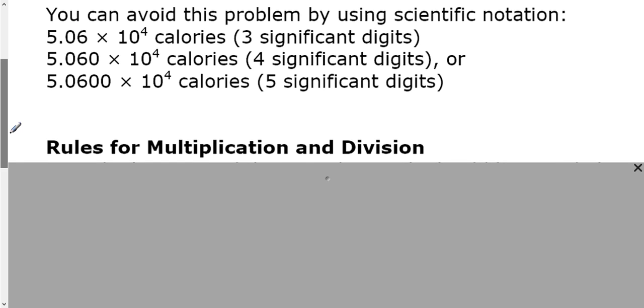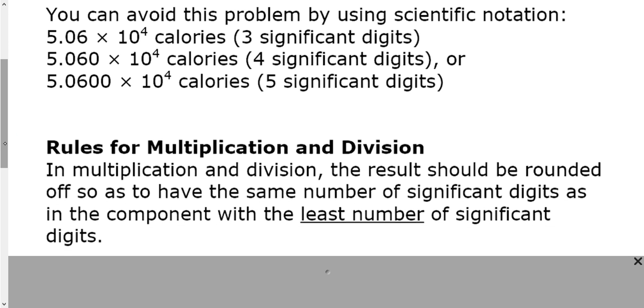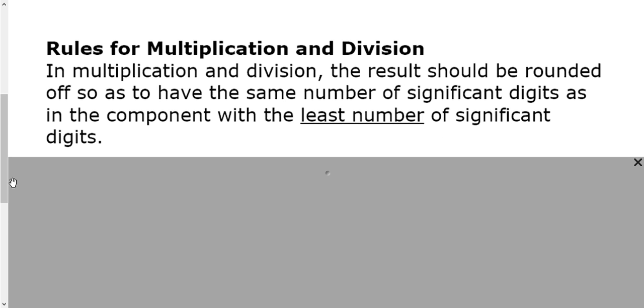Now, what happens when you actually use significant digits with a problem? So there's rules. A lot of the time our problem solving will involve multiplication and division. So what's going to happen? For multiplication and division, the rule is your final answer is going to be rounded off. After you've done all your calculating, you get to your final answer.